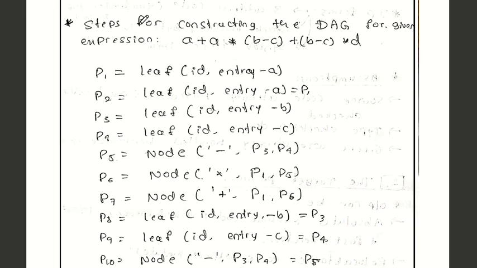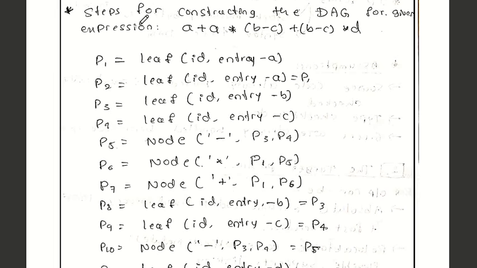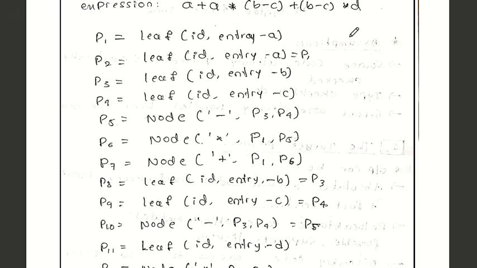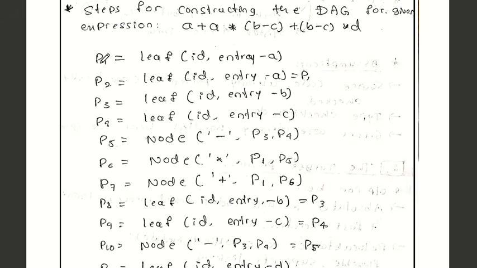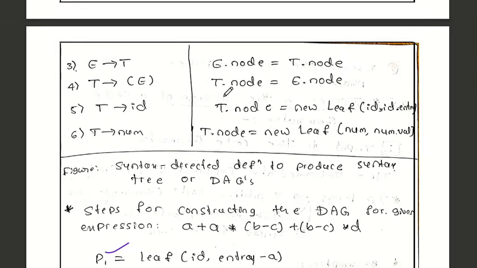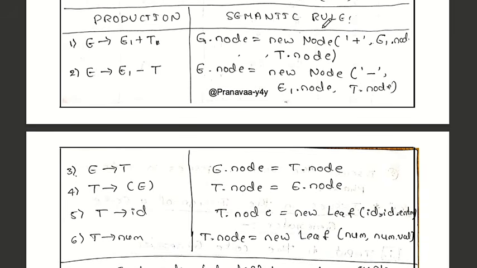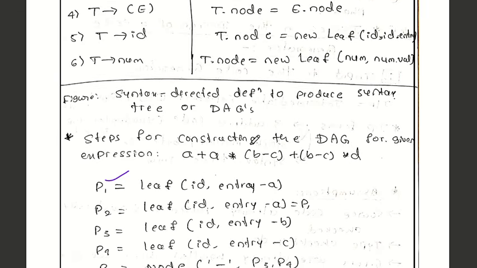You have to follow these steps for the construction of the DAG for the given expression a plus a star b minus c plus b minus c star d. Here it starts with p1, that is, p1 stands for production 1: leaf of id, entry for a. If you understand these production and semantic rules, you just apply them to the given expression.